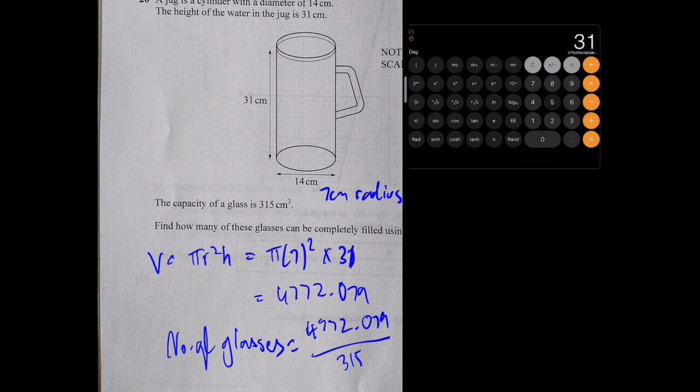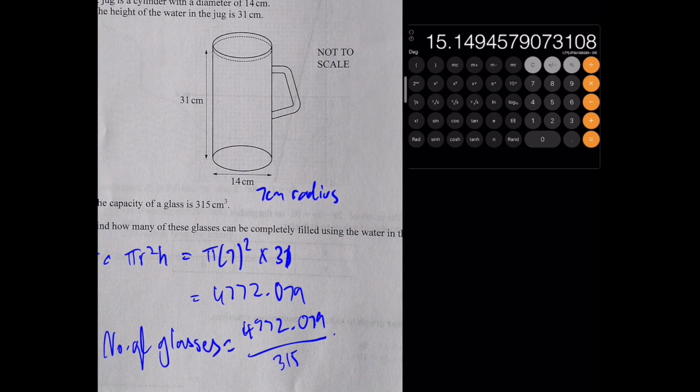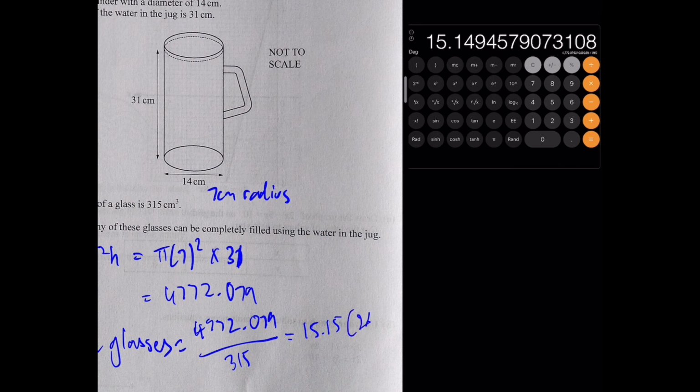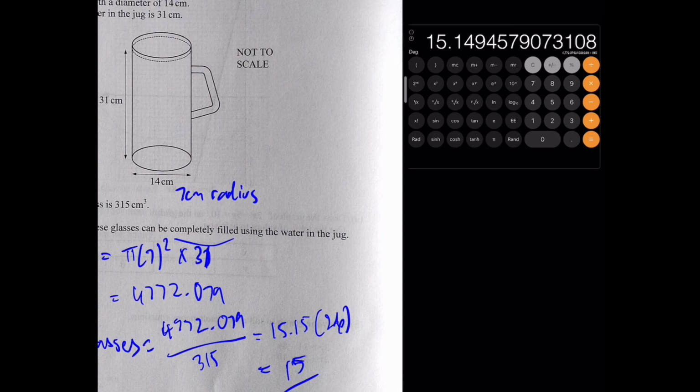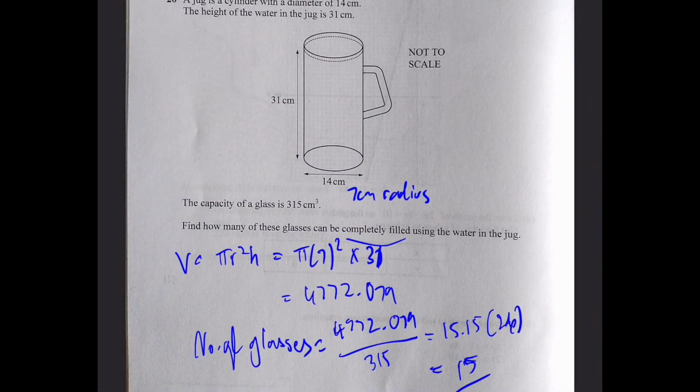We'll do that. That will be equal to 15.15 to 2 decimal places. And then the number of glasses that will be completely filled will be 15 glasses, which is truncated to the nearest whole number. Truncated, in other words, is just cutting off the remaining part.